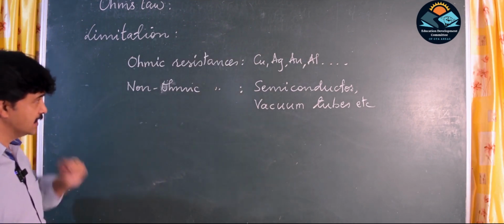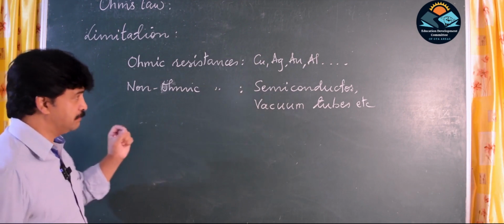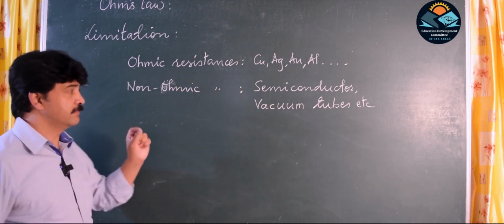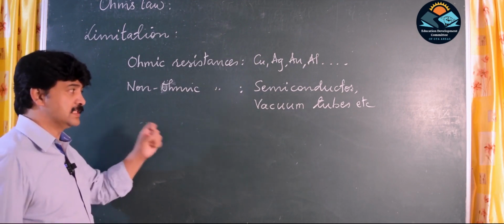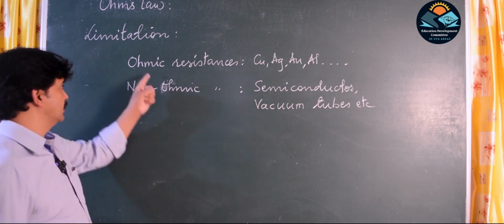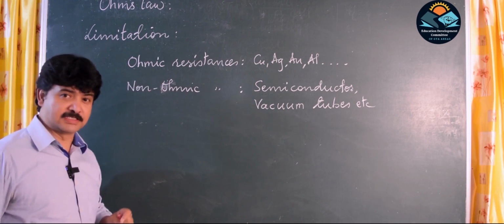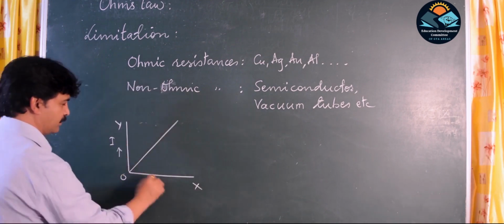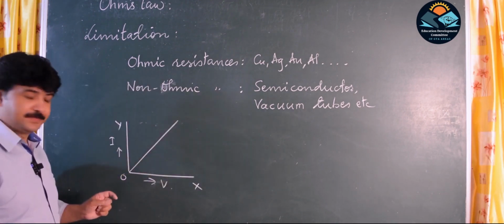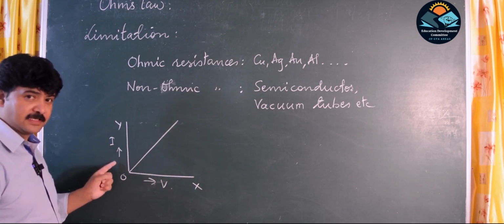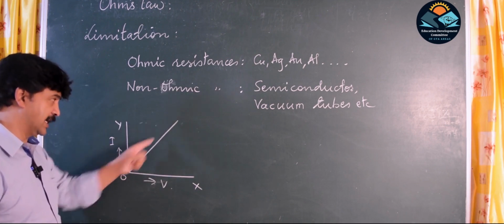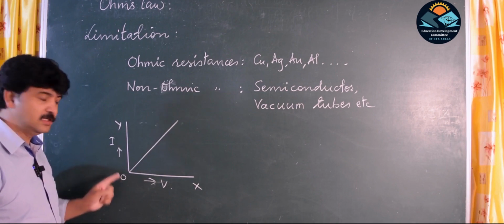Okay, so if that is so, then let's see the V versus I graph for the ohmic resistances and non-ohmic resistances. For ohmic resistances, the V versus I graph will be an oblique straight line passing through the origin.